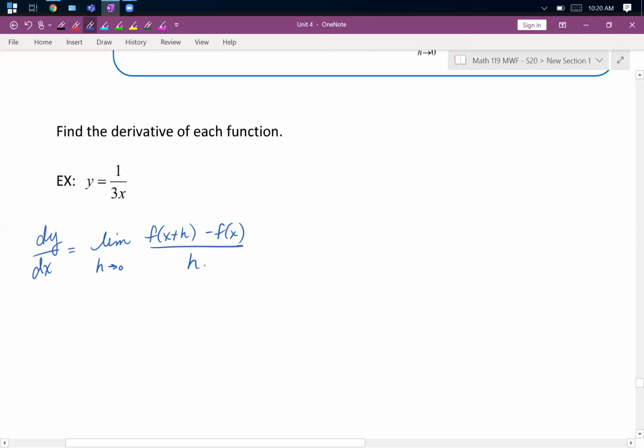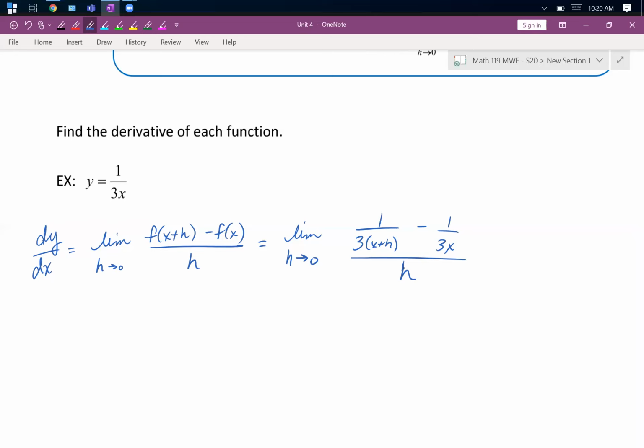You can't write y of x plus h. So this is the limit as h approaches 0 of 1 over 3 times x plus h minus 1 over 3x all over h. Certainly not safe to plug in until we get rid of that factor of h in the denominator. So it's time to start simplifying.